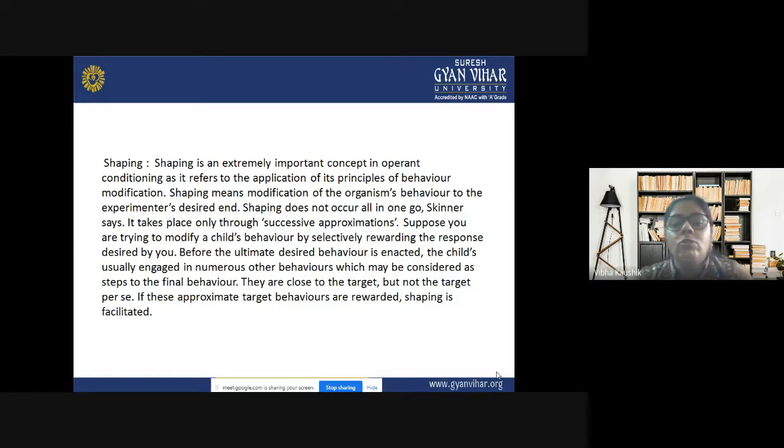They are close to the target, but not the target per se. If these approximate target behaviors are rewarded, shaping is facilitated. We have to reinforce, give reward, praise the approximate target behaviors. Then only shaping will be facilitated.